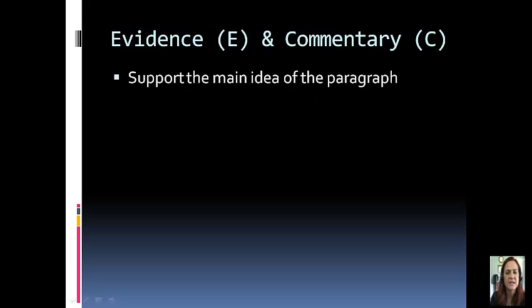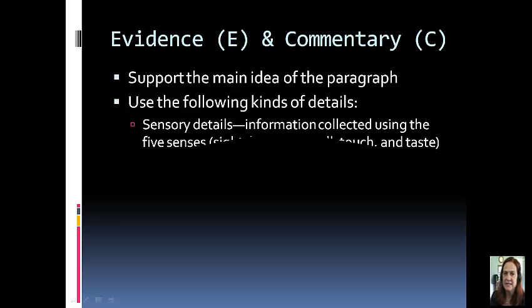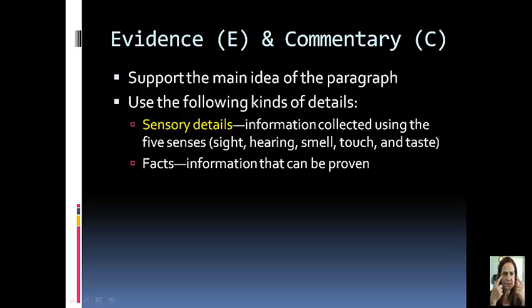Evidence and commentary support the main point of your paragraph. There are several kinds of details that could be in this. The first are sensory details. It's all that information that you collect from what you see, what you smell, what you taste, what you hear, what you feel. It could be facts, facts that you can prove.